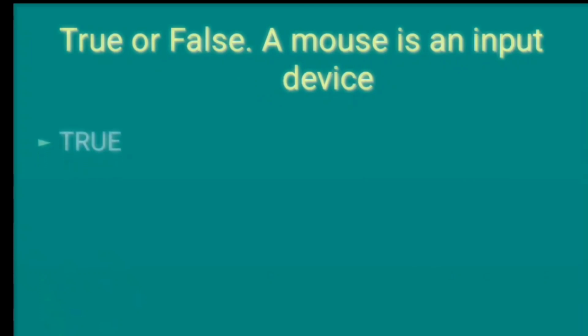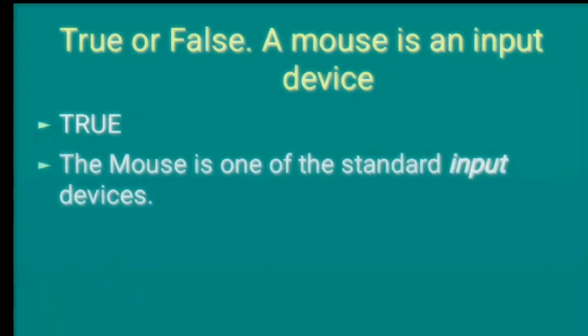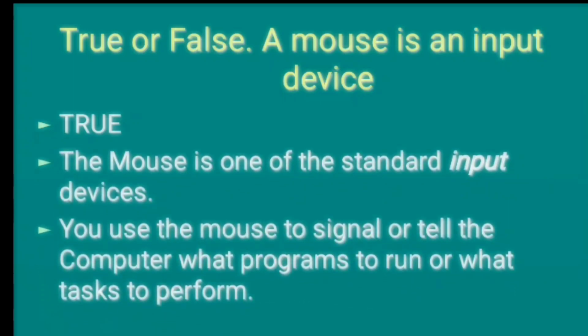True or false? A mouse is an input device. True. The mouse is one of the standard input devices. You use the mouse to tell the computer what programs to run or what tasks to perform.